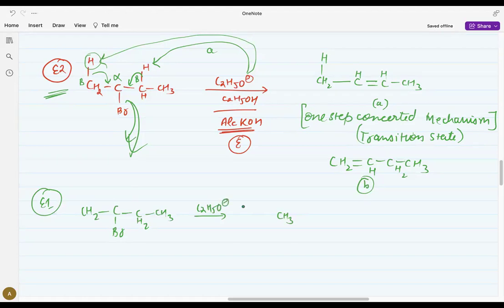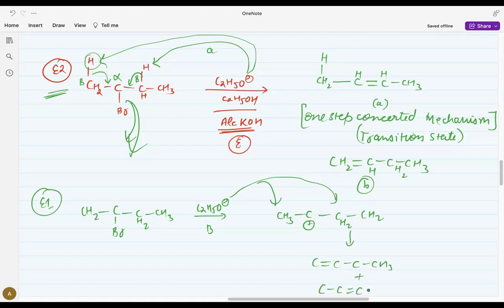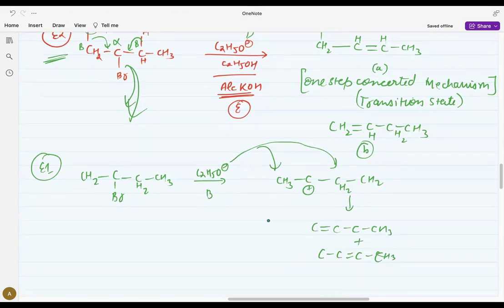First carbocations are made, then our base will come and attack the beta hydrogen to give us two products. These two products. Remember the difference between E1 and E2.